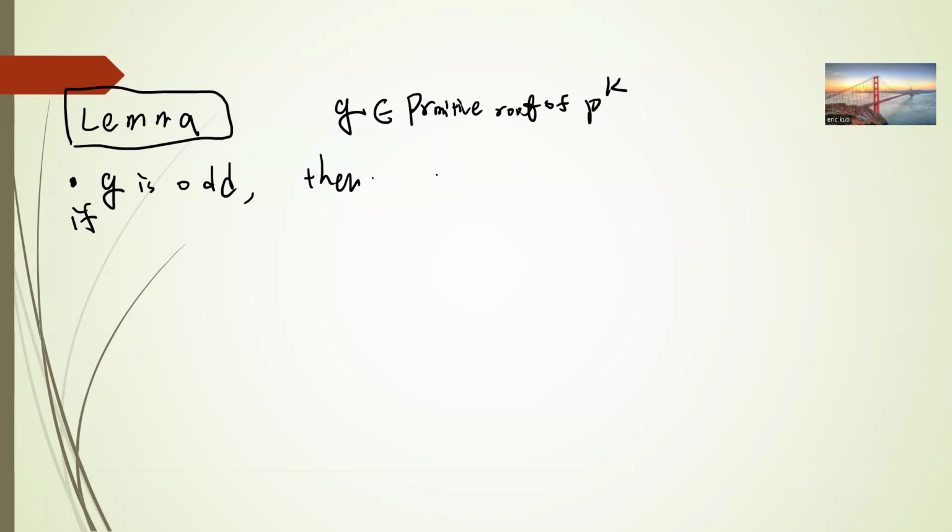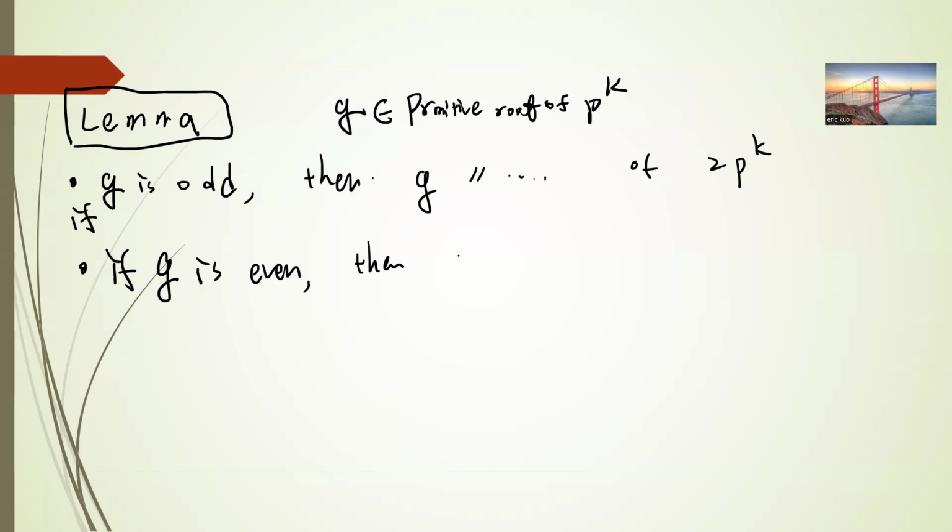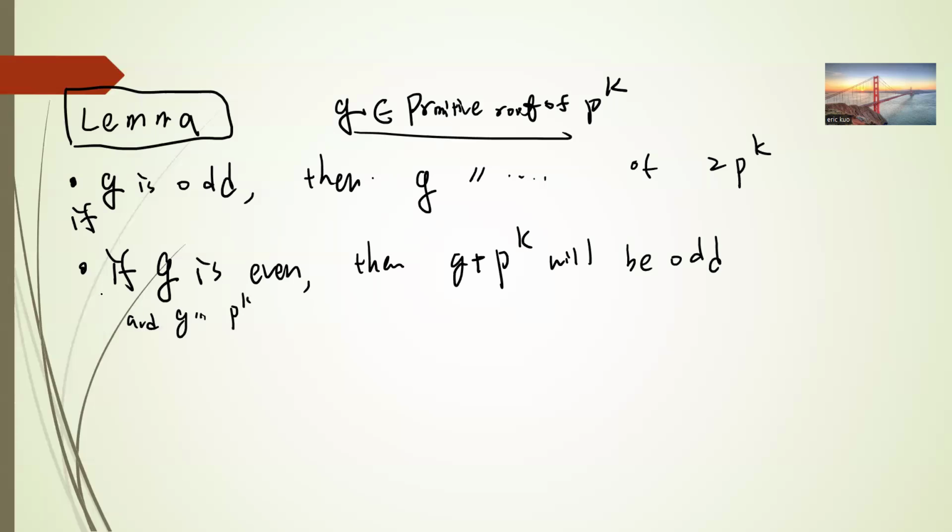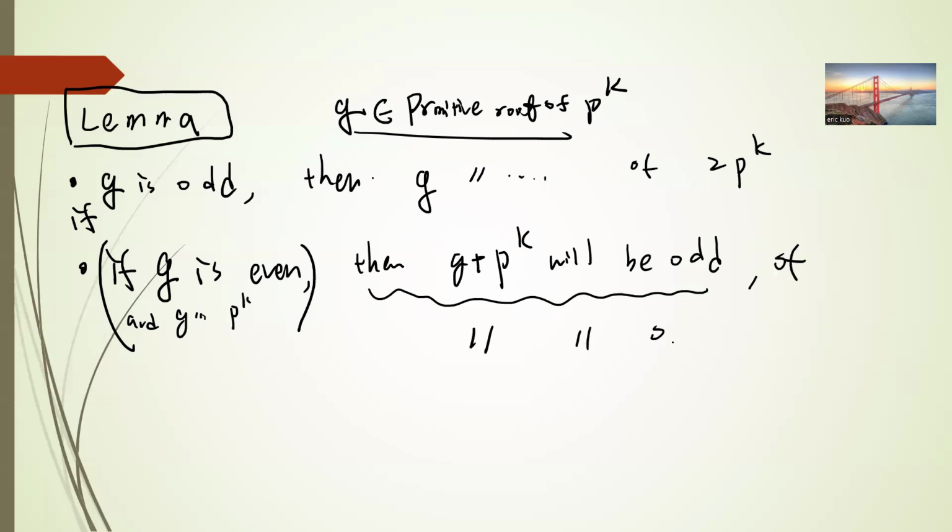This lemma says that if G is a primitive root of P to the K, then if G is odd, G will be a primitive root of 2P to the K. And if G is even, then obviously G plus P to the K will be odd, and it will also be a primitive root of 2P^K.